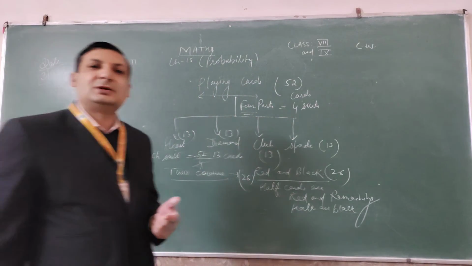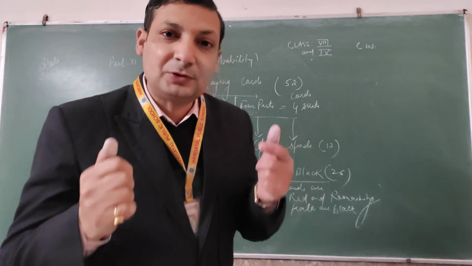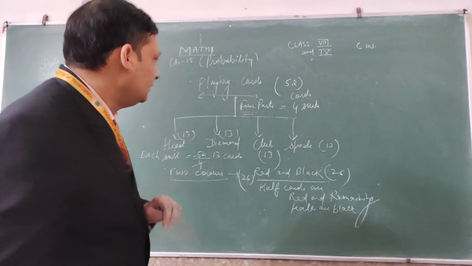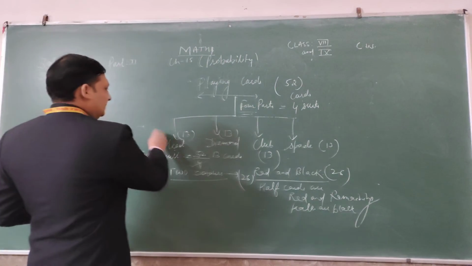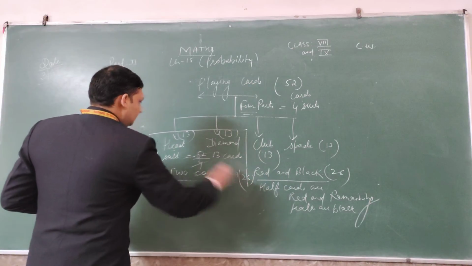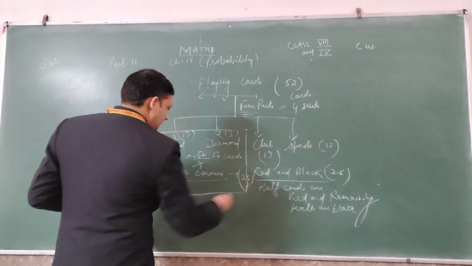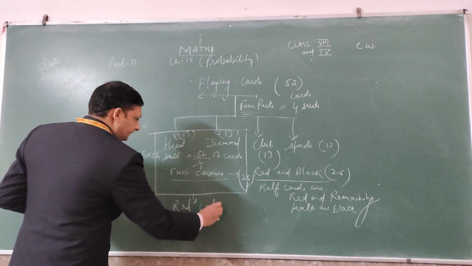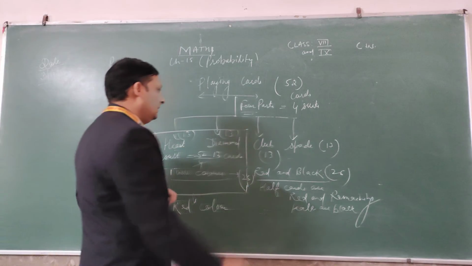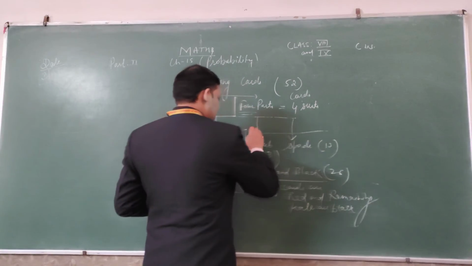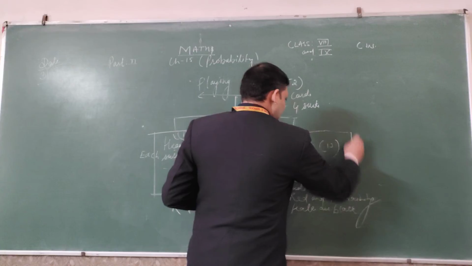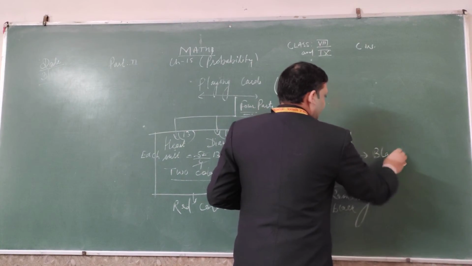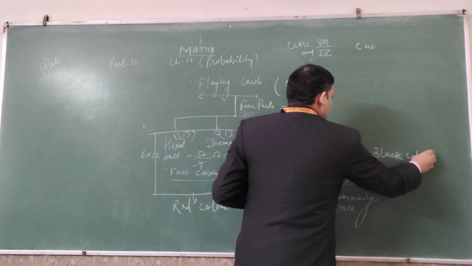But when we study these cards, we also have to identify which cards are of red color and which are black color. So see here, these first 2, that is heart and diamond, are of red color. And these last 2, that is club and spade, are of black color.